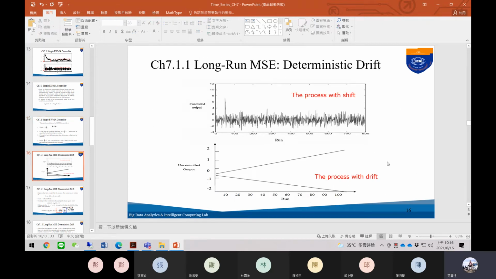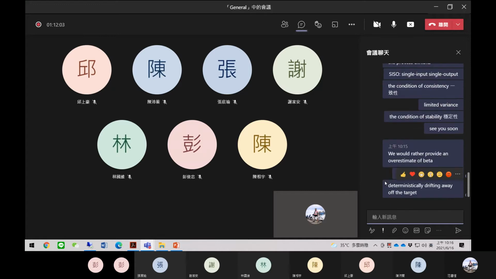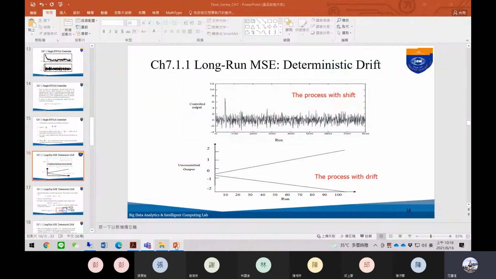This is a process with shift, and this is a process with drift. The uncontrolled output deterministically drifts away from the target.